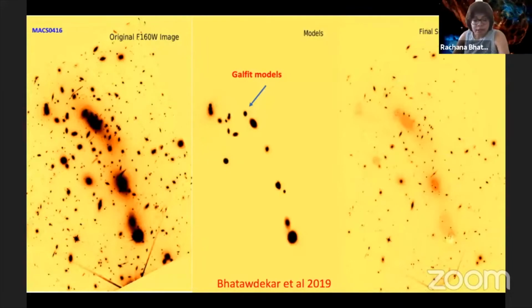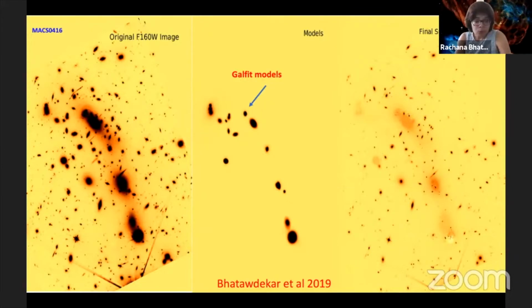And it's an iterative process, and we remove these massive galaxies using Galapagos and Galfit. Unfortunately, I don't have enough time to go into the technical details of it, but the method is explained in detail in our 2019 paper, in case you are interested.